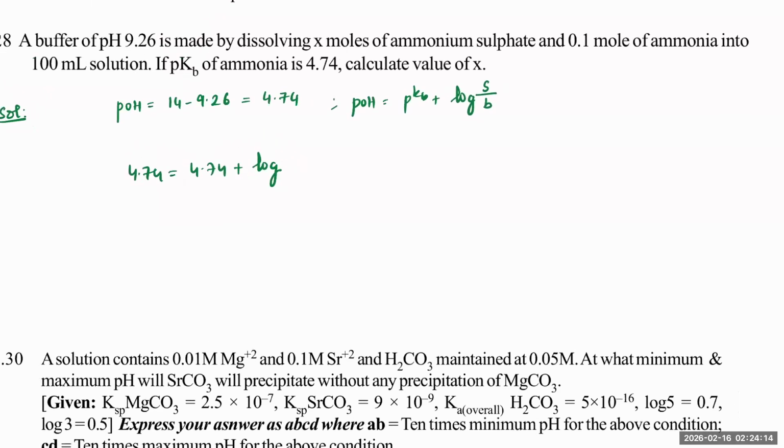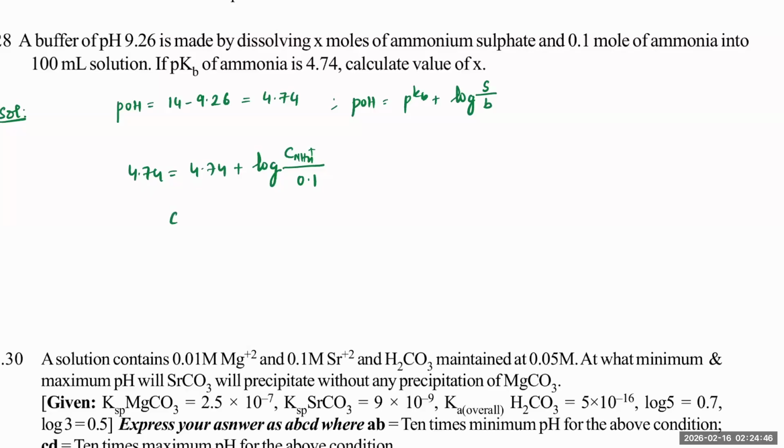And here salt is what I need to find out, which is the concentration C of ammonium ions, that is NH4 plus ions, divided by B, which is the number of moles of base. So which is 0.1 moles of ammonia into 100 ml of solution. Okay. So we do not have to worry about the volume because the volume term will anyway get cancelled. So 0.1 moles.